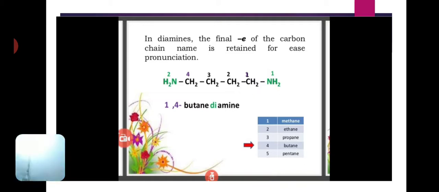Here the butane chain is having two amino functional groups: the first carbon is having an amino group and the fourth carbon is having an amino group. Then the name of this amine compound is 1,4-butanediamine.